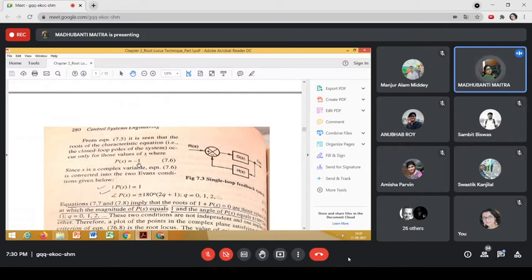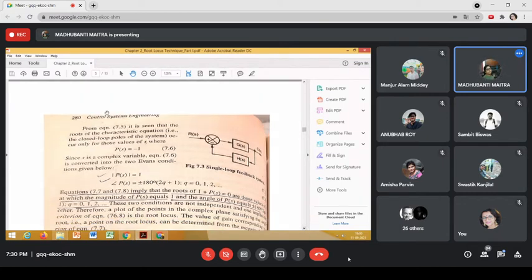P(s) is equal to minus 1, right? Now, since s is a complex quantity, this equation can be broken down into two equations. What are those two equations? The first is the magnitude equation. Since s is a complex quantity, P, which is a function of s, will also be a complex quantity.